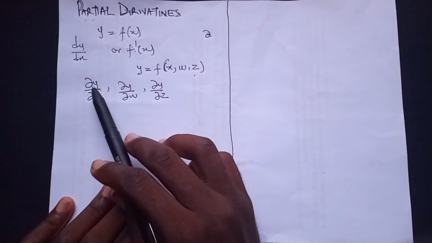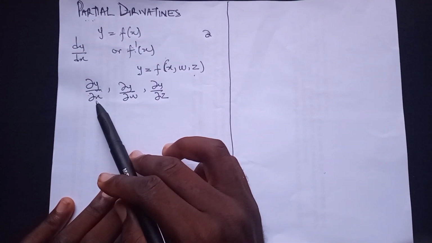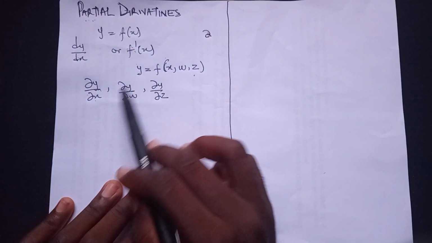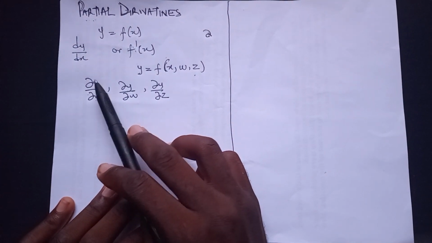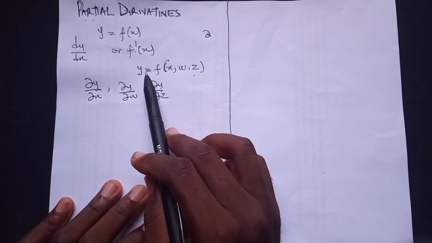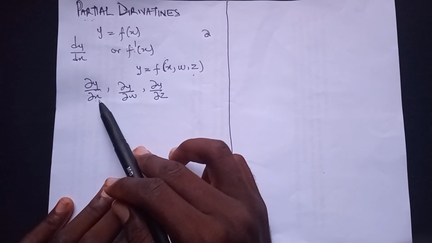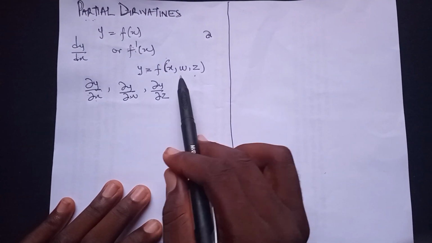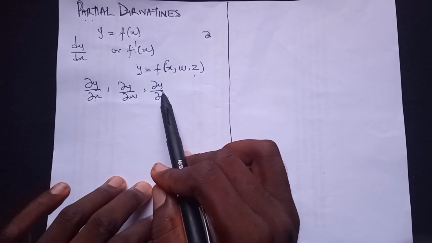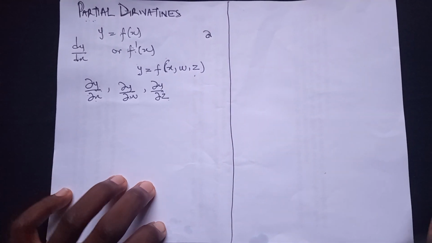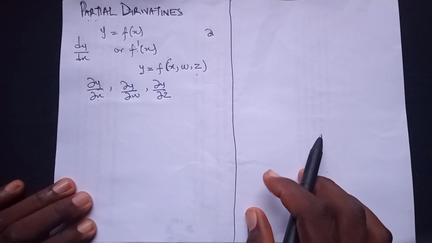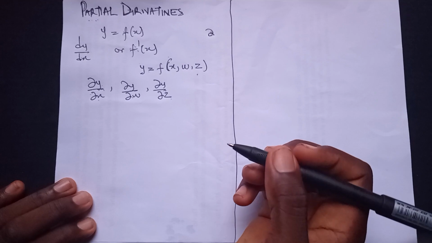We differentiate y with respect to x. This is how you read it. You differentiate the function y with respect to x, also the function y with respect to w, the function y with respect to z.